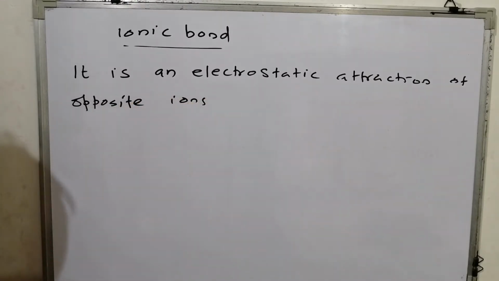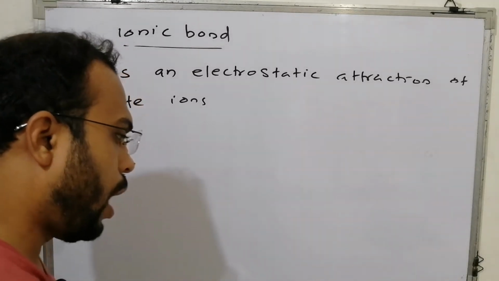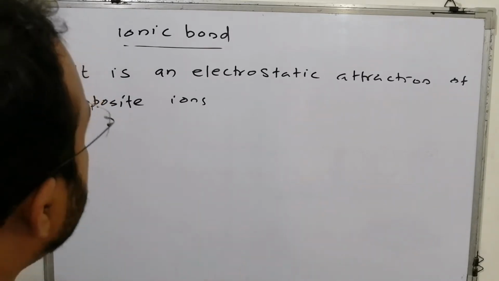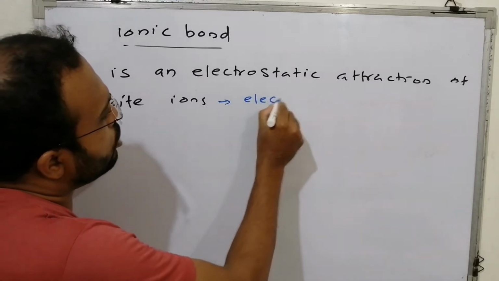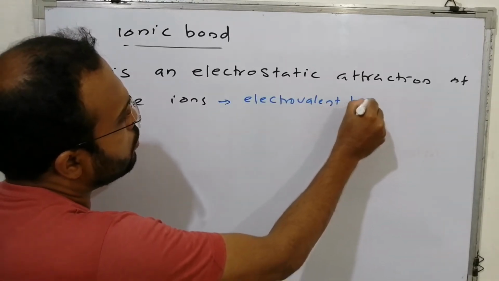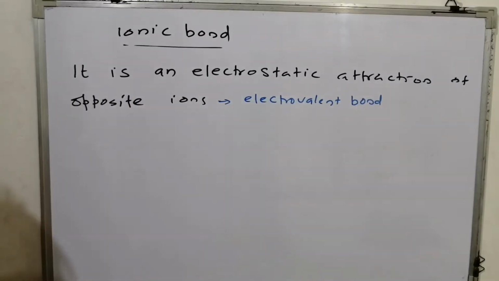So one of the chemical bond, and it is electrostatic attraction of opposite ions. Or it is called electrostatic bond. This is also called electrovalent bond. Electrovalent bond, because it's an attraction between electrostatic.